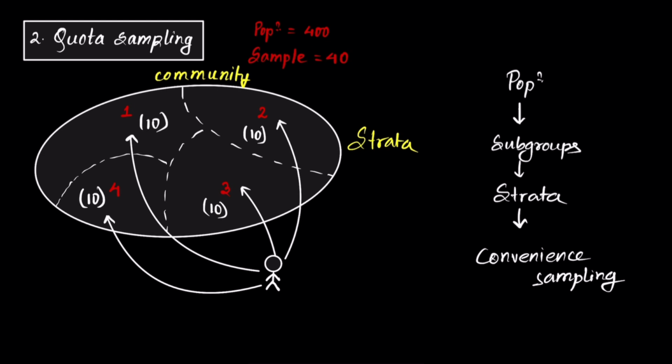The reason it is called quota sampling is because the surveyor has to fulfill a certain quota in each of these strata. For example, after he went to the first strata, he had to collect a total of 10 samples, and that 10 right there is the quota to be fulfilled.